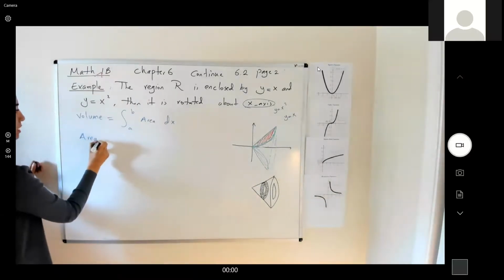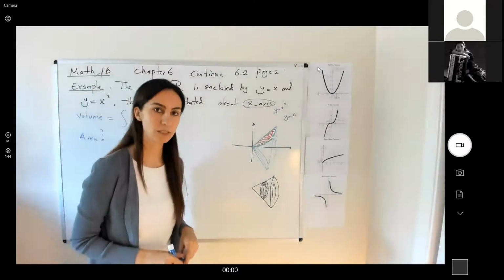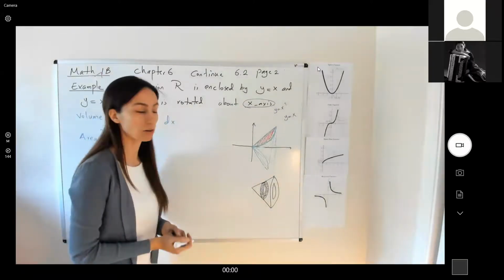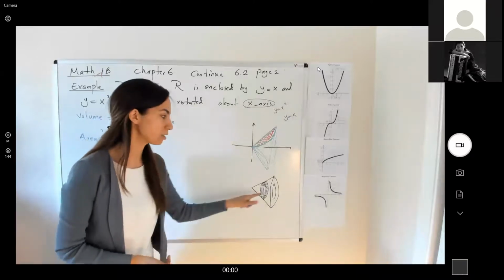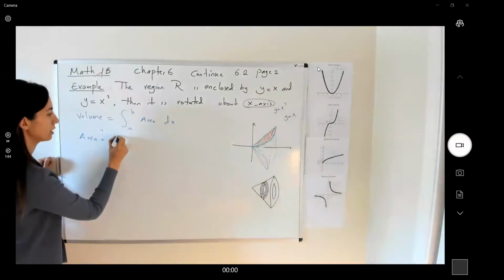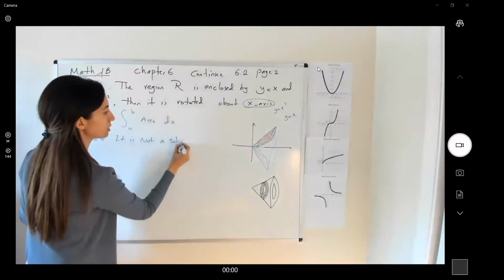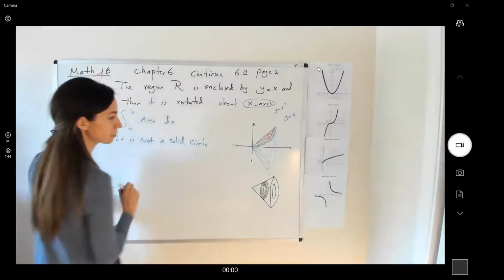How do we find this area? It seems like I have a circle, but it is not a solid circle.